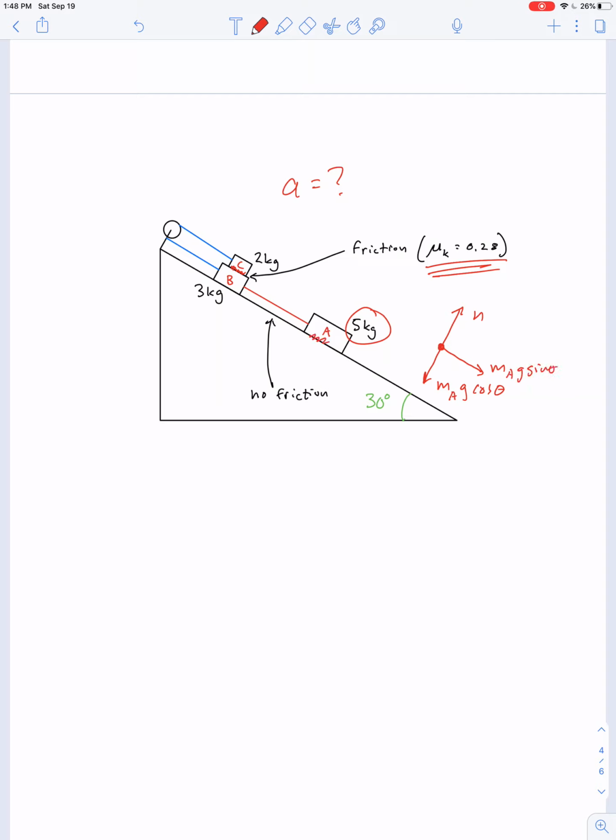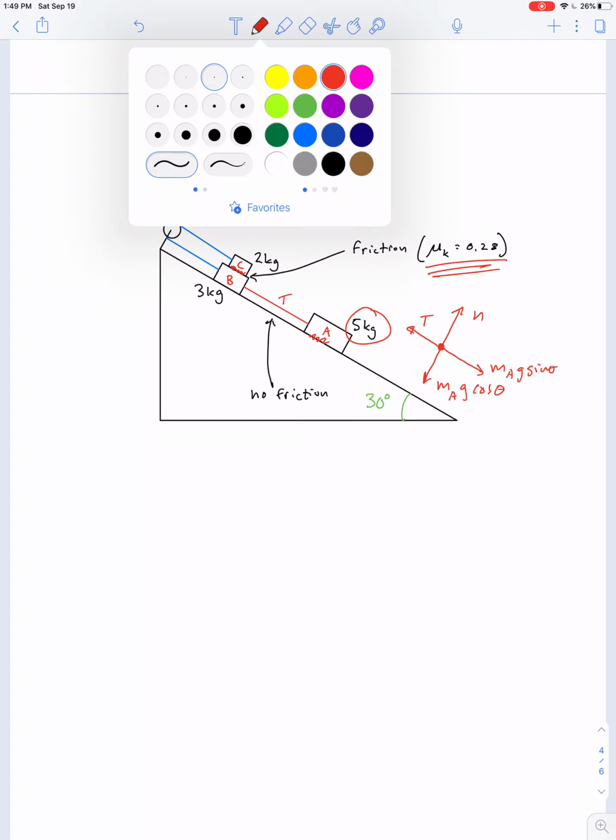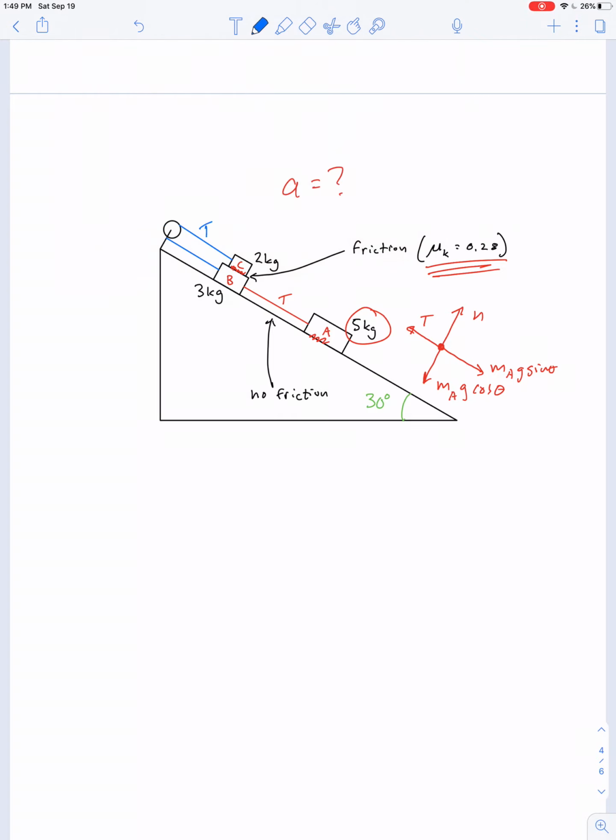There's no friction here, but there is a string pulling back this way. So there's some amount of tension. Let's see, there's going to be 2 different tensions, right? There's some tension in this string and a different amount of tension in the blue string. So maybe we'll call this, how about T and T prime.